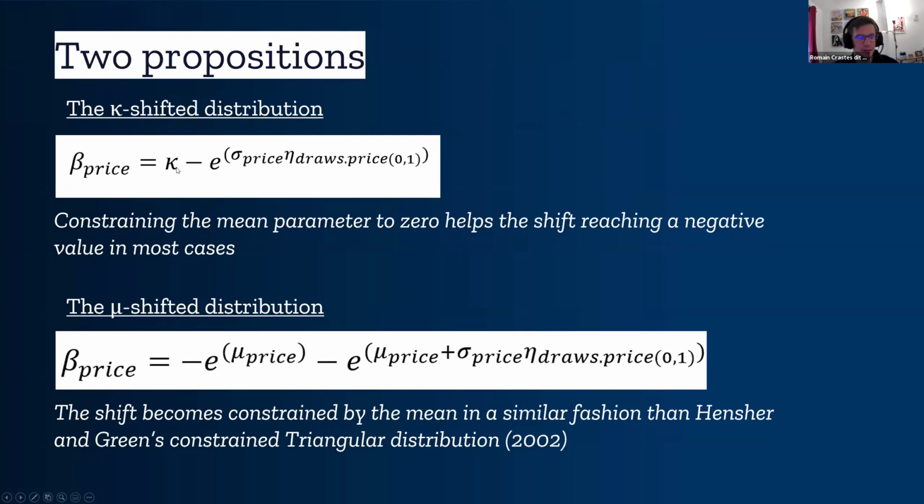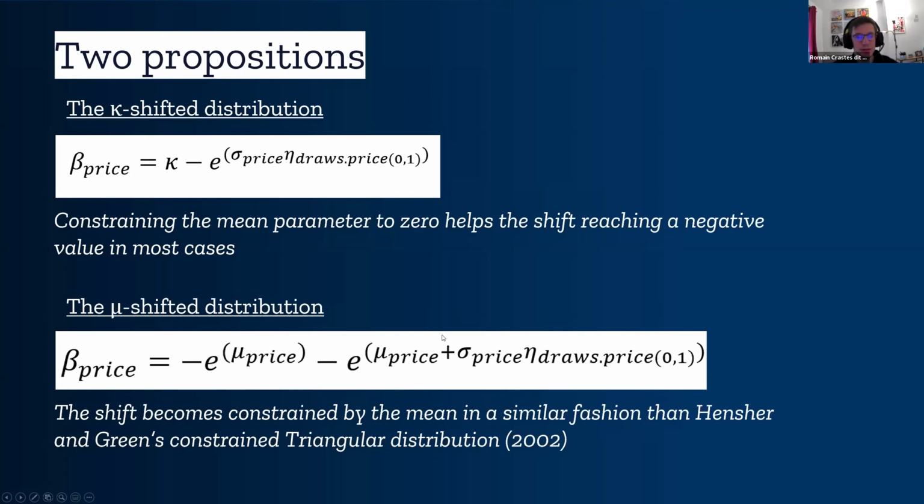The second method, which is inspired by Hensher and Greene's constrained triangular distribution, is to shift the log normal distribution by its own mean. So instead of estimating a new parameter called kappa, we use minus exponential of mu price, minus exponential of mu price plus sigma price multiplied by normal draws.